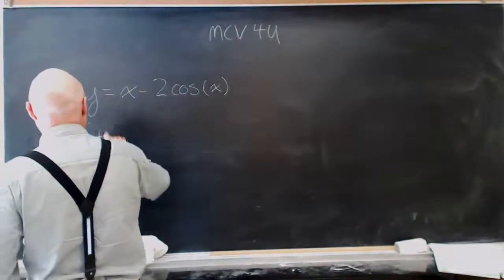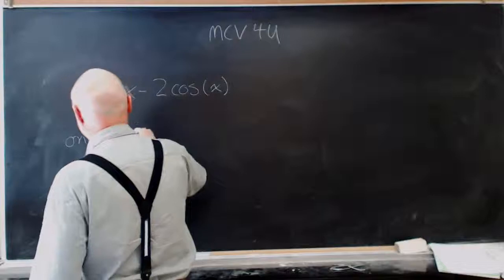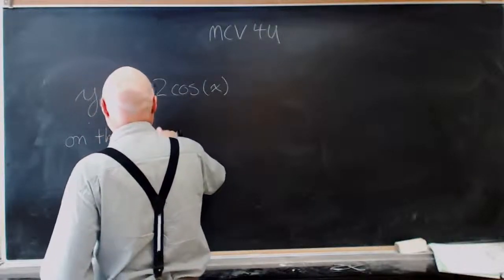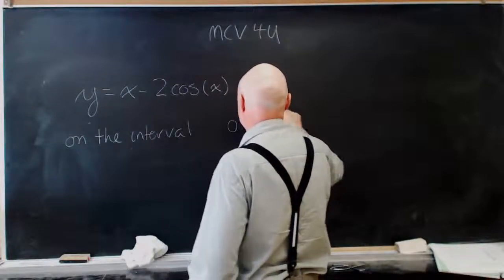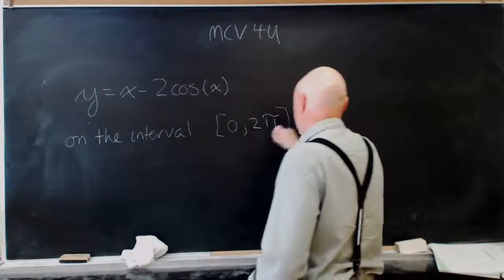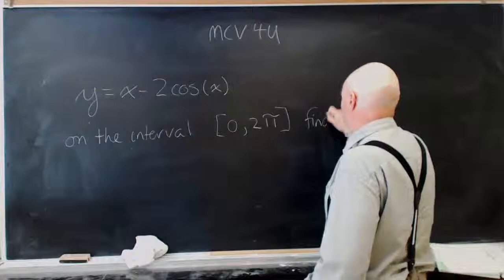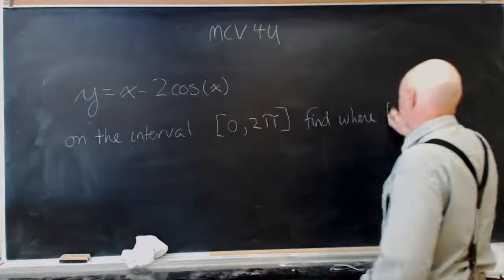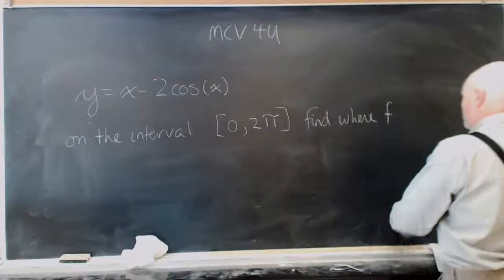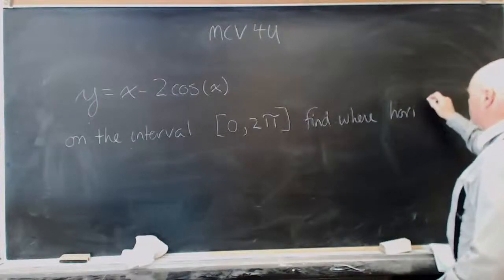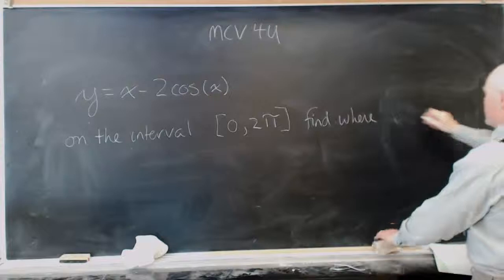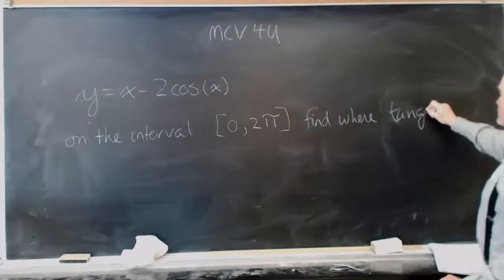So because these are periodic or tend to be periodic, we're going to say on the interval 0 to 2 pi, inclusive. Oh, I didn't call it f of x. Find where the tangents are horizontal.